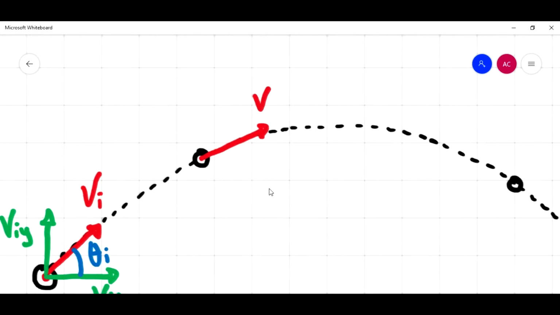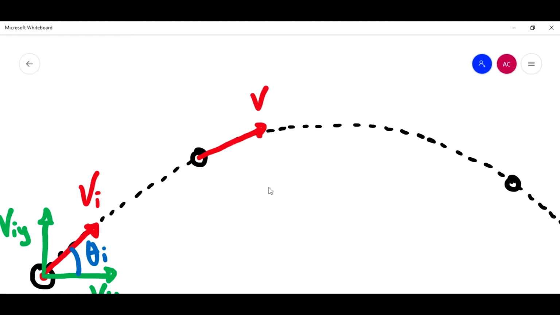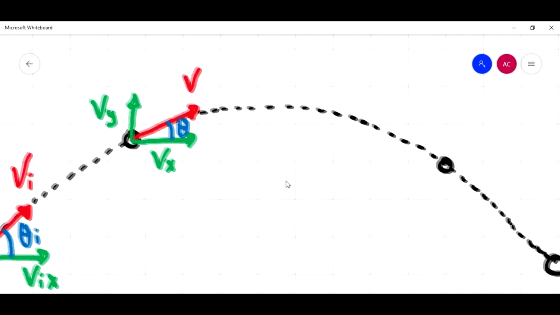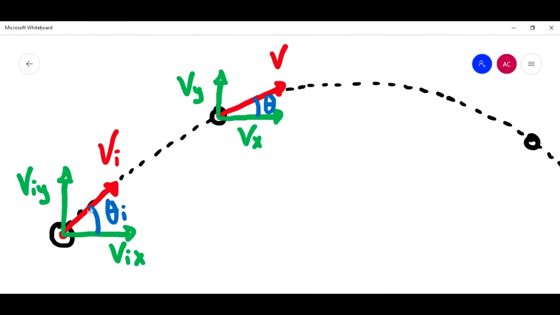And at every moment I'm going to have two rectangular components, vx and vy, and this is going to be the angle. I'm not going to call it initial angle because the initial angle is over here.